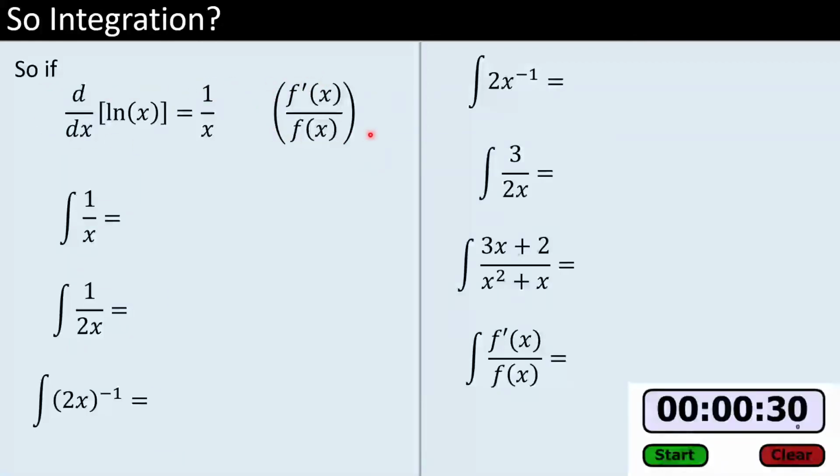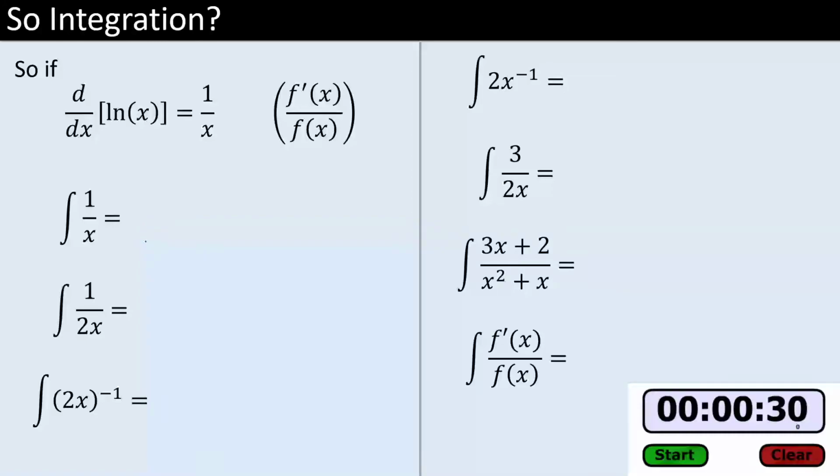And I've put in brackets the general form of it, so that if we were thinking about any kind of function, the derivative of a logarithm is the original function inside the logarithm, and then the numerator is the derivative of that original function. Okay. And what we can do is use a similar kind of logic to what we did before to figure out what some of our integrals will be.